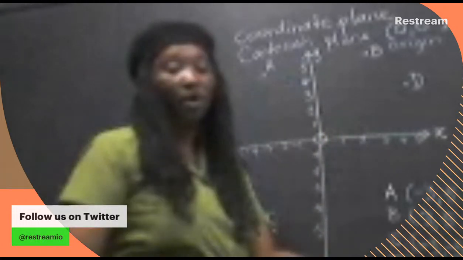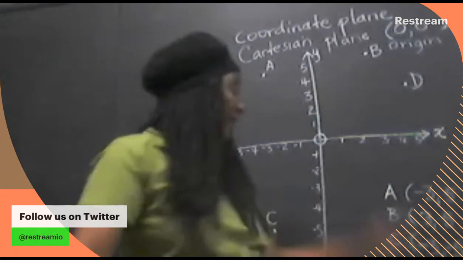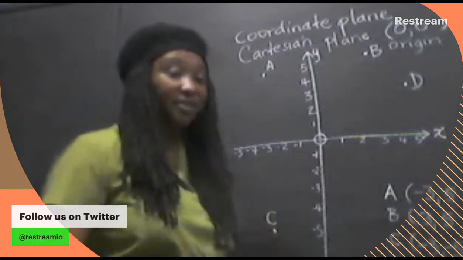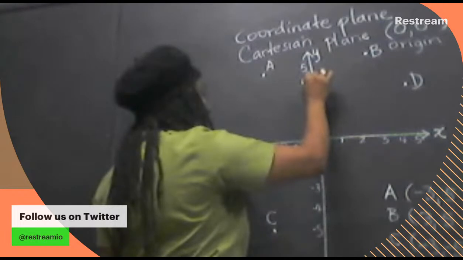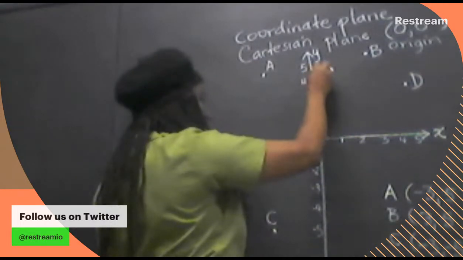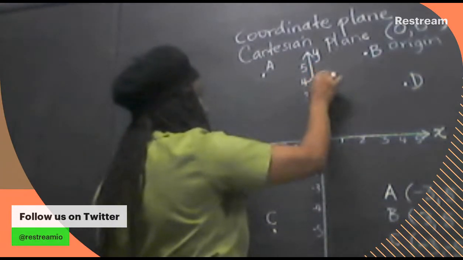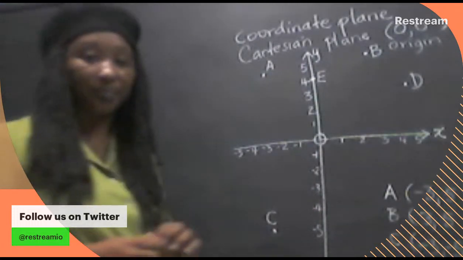They're telling us don't move on the x. Don't move on the x, we're still at 0, but then move on the y. So from dead center here at 0, 0, we go straight up, and that is 0, 4. All right, so that is point E.